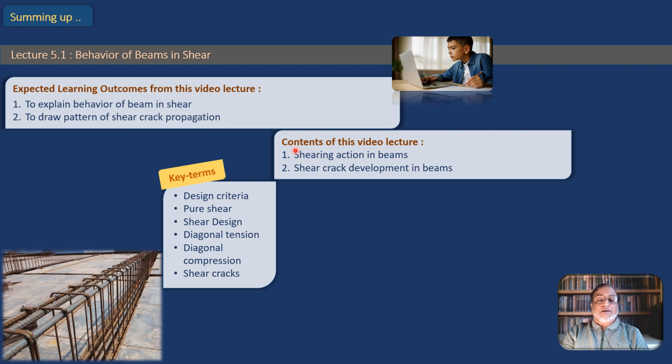We studied the contents: 1. Shearing action in beams, and 2. Shear crack development in beams. We used some key terms: design criteria, pure shear, shear design, diagonal tension, diagonal compression, shear cracks.